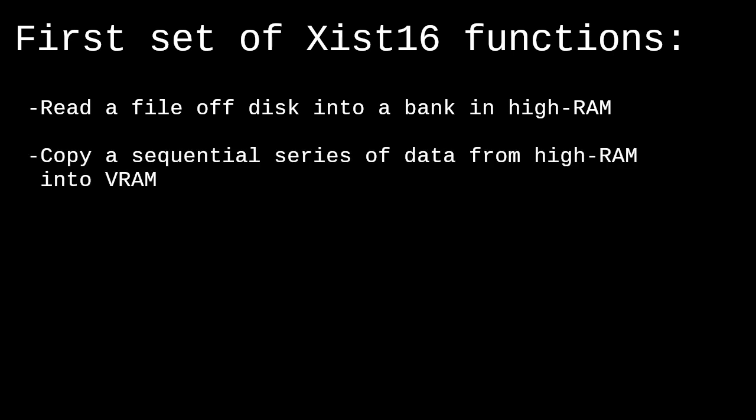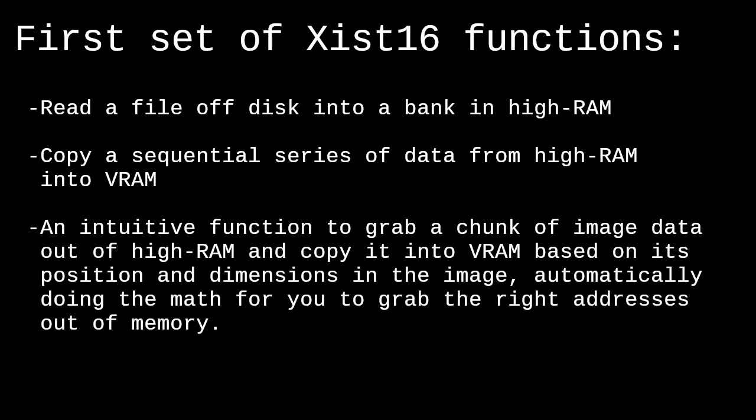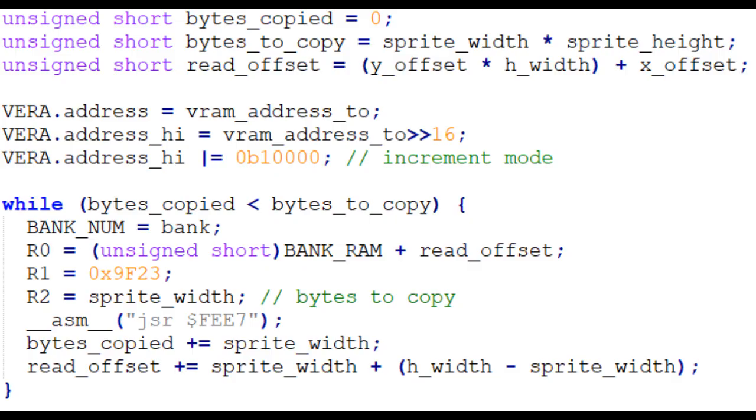Copy a sequential series of data from HiRAM into VRAM, and most importantly, an intuitive function to grab a chunk of image data out of HiRAM and copy it into VRAM based on its position and dimensions in the image, automatically doing the math for you to grab the right addresses out of memory. The math is not really very complicated, but having to do this manually all the time would become very error prone, so having a function to do it for us will make things much simpler.